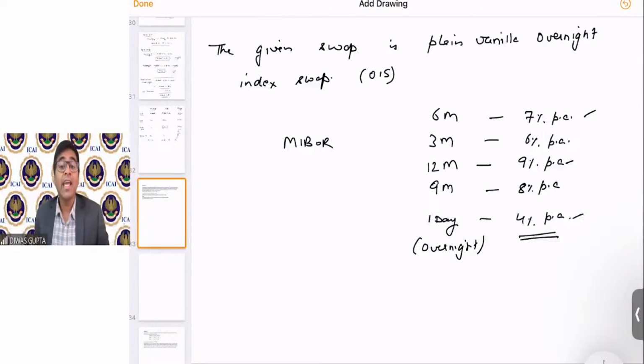Now, students, can any one of you tell me why the 1 day rate on a per annum basis is again the lowest? Why? If you think through my yesterday's session, you will be able to make it out. Just think of one reason why the 1 day rate will be lesser compared to the higher maturity rates.